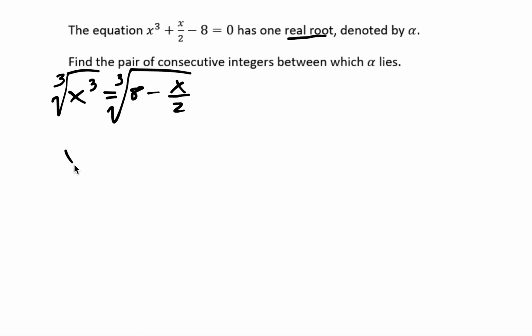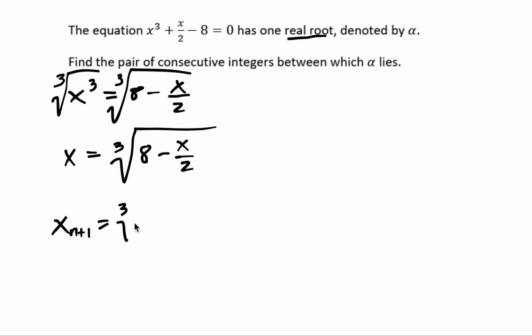This should give me x equals the cube root of 8 minus x over 2. The next thing is I'm going to convert this into a formula: x sub n plus 1 equals the cube root of 8 minus x sub n over 2. Just like that, now it's a formula.